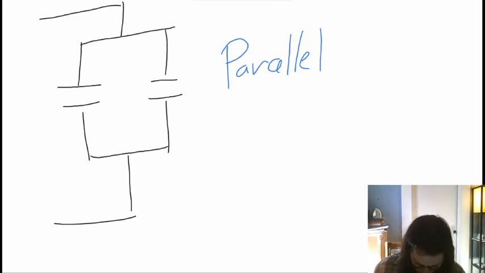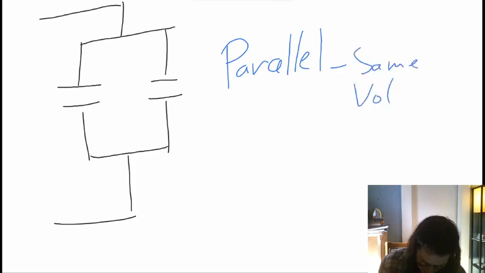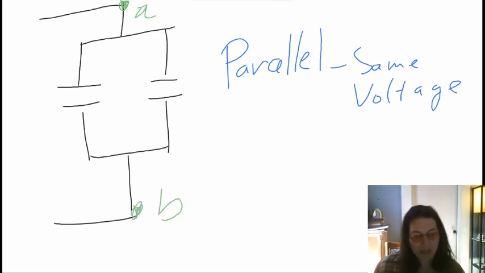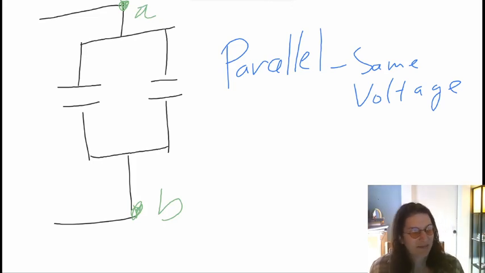In parallel, you would not have the same charge. What you have instead is the same voltage over each of them. And so if I know the potential difference between, say, this point up here, which we'll call point A, and this point down here, which we'll call point B, and by the way, you would usually know the potential difference because you'd have a battery there.